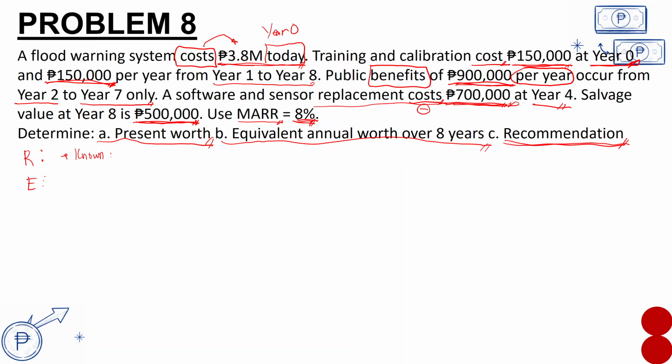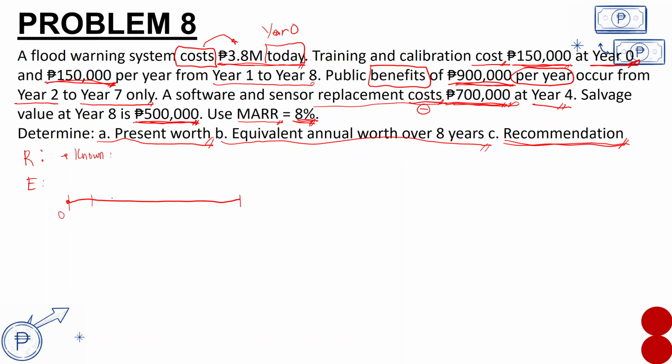In the execute, we examine relationships. And we also select the appropriate equation or formula or method to be used in this problem. So, in solving this one, the best way to do first is to draw a cash flow diagram.